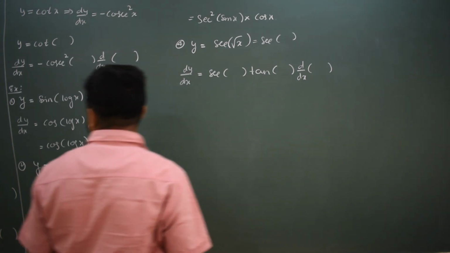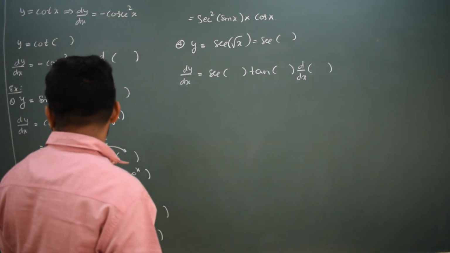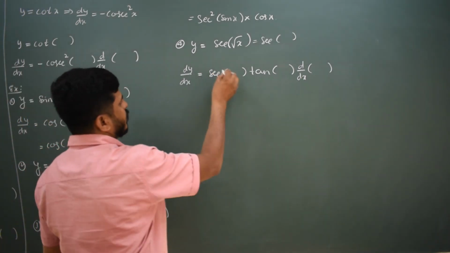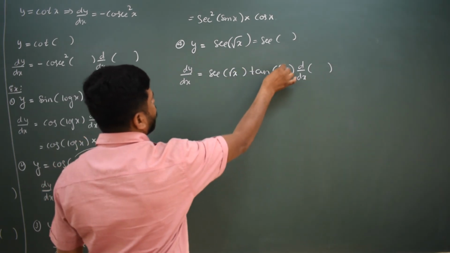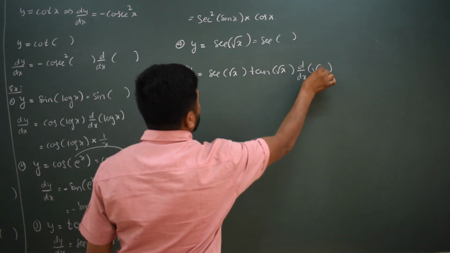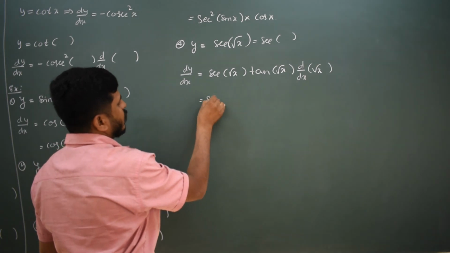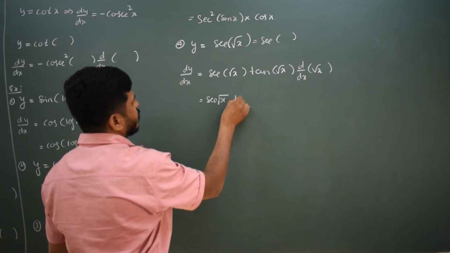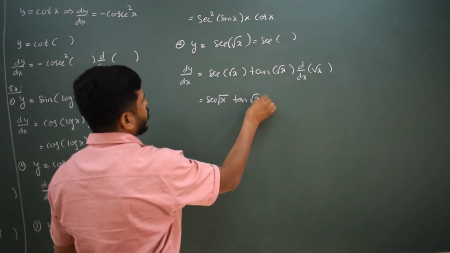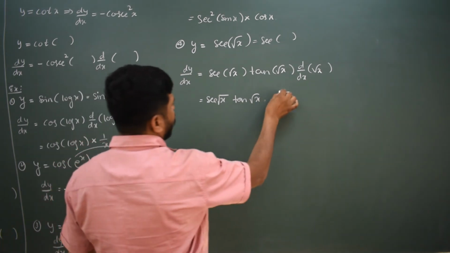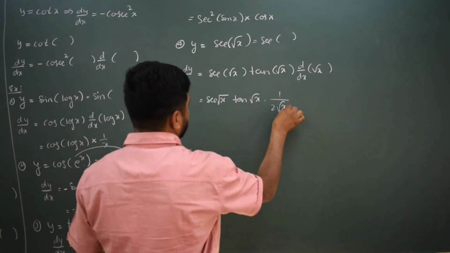This is the formula. What is something there? Root x. That's equal to secant root x into tan root x into the differentiation of root x, which is 1 by 2 root x.